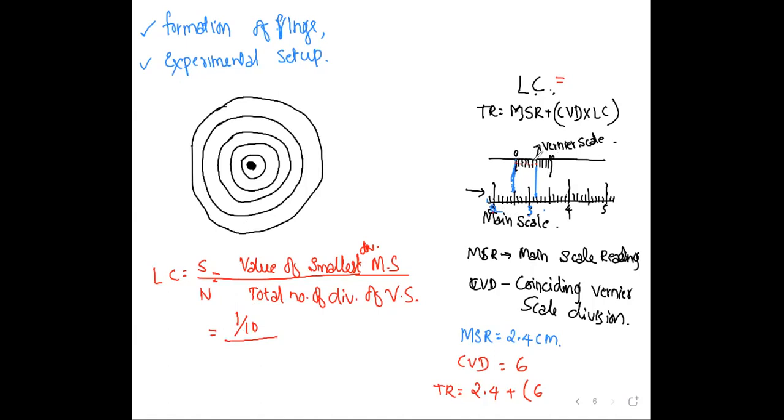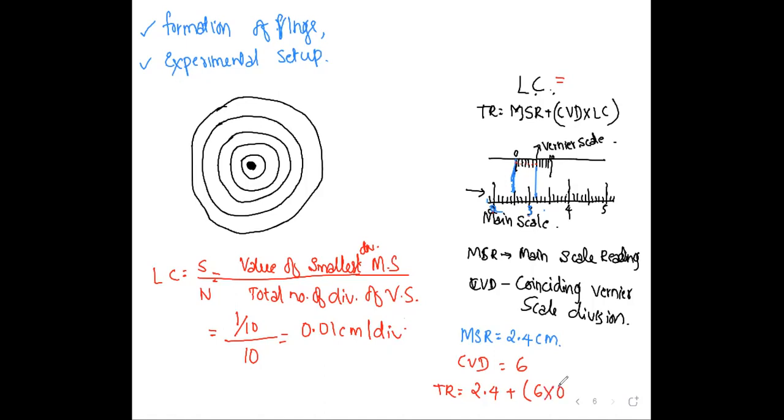Counting 1 2 3 4 5 6 7 8 9 10, it is 10. So this is equal to 0.01 centimeter per division.